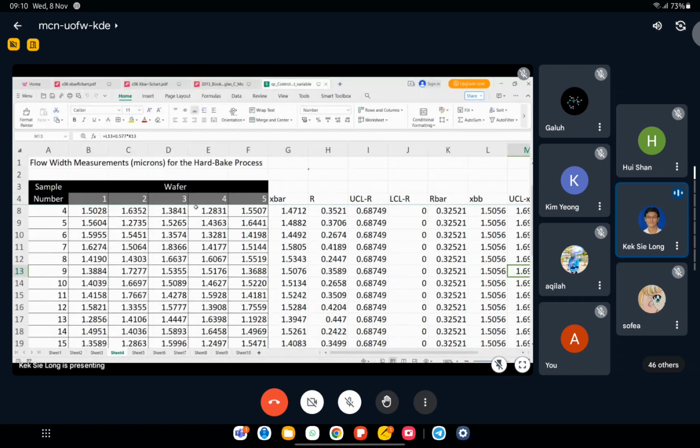Okay, so this is the data, to get X bar. Before that, have a look at the data.